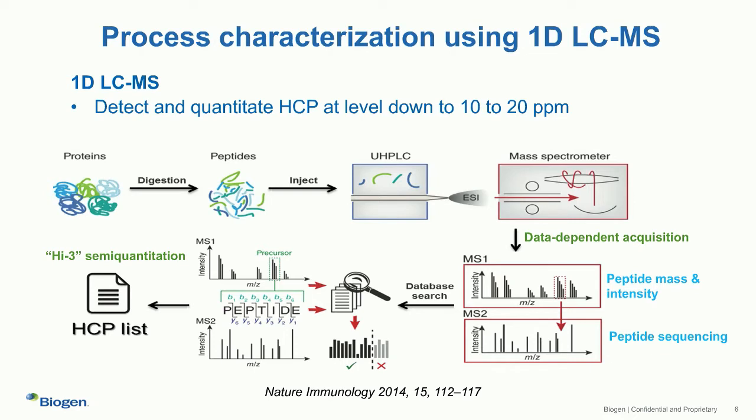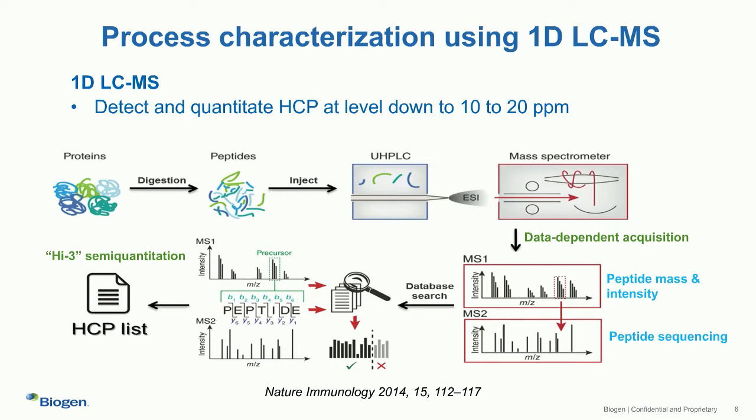The mass spectrometer usually operates in a data-dependent acquisition mode and is cycling between two types of scans. The first scan is the so-called MS1 scan. In the MS1 scan, the peptide mass and intensity information were registered, and then it goes to the second scan, the so-called MS2 scan.